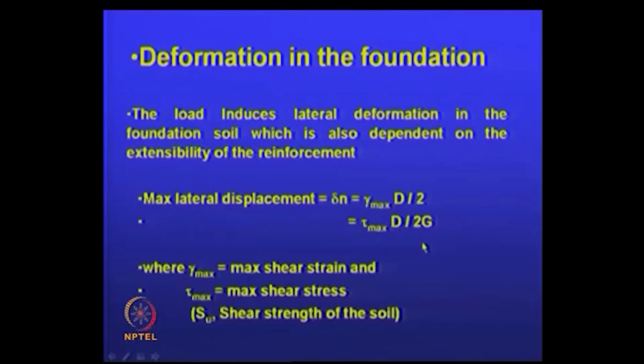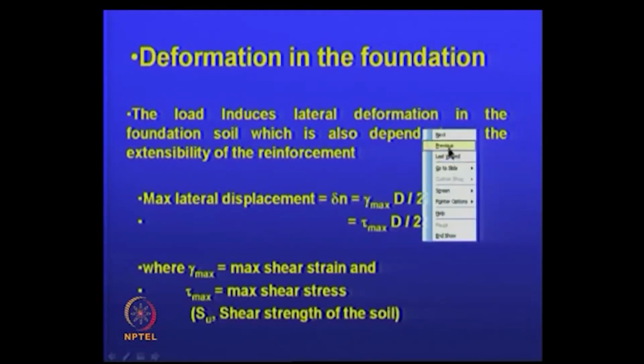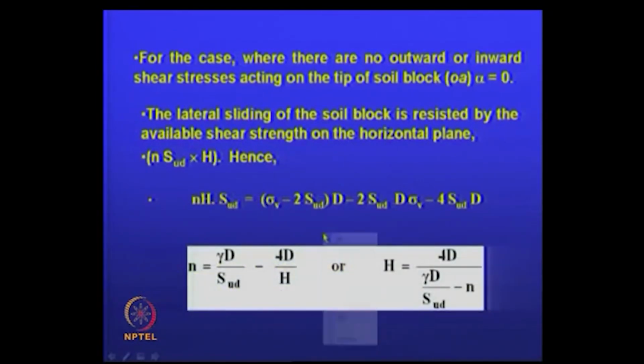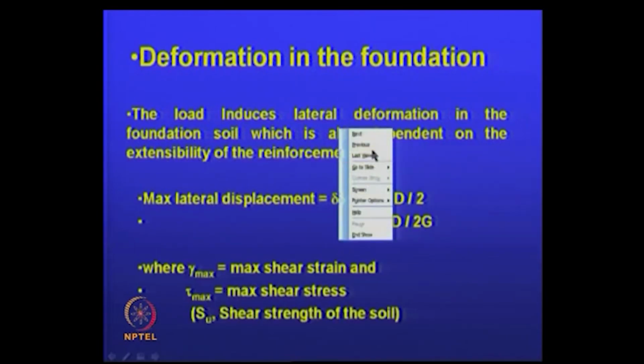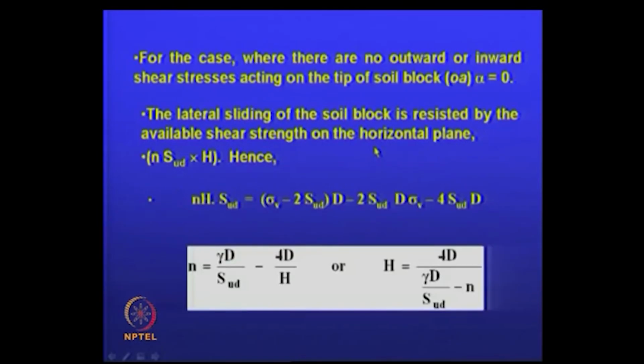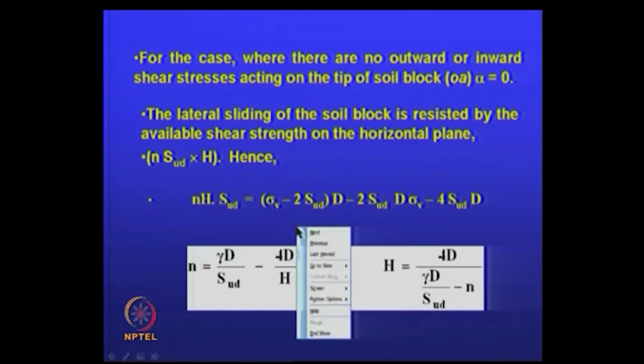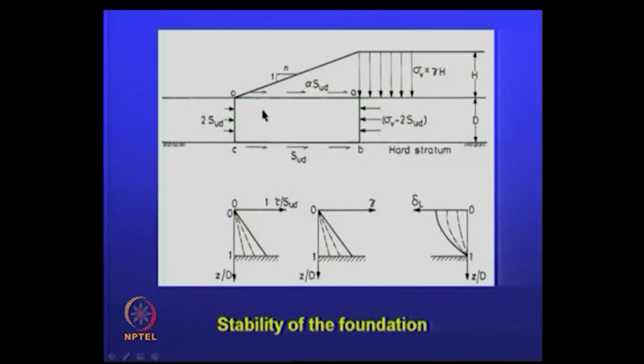Let me just elaborate it again here. Okay, this is a simple equation that you get here, which is nothing but by considering this, when the outward shear stresses are equal to inward shear stresses, then alpha is 0.